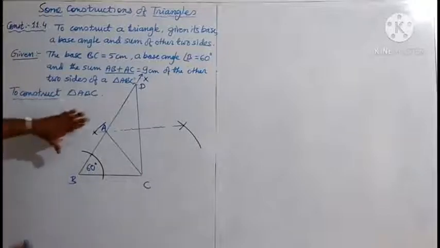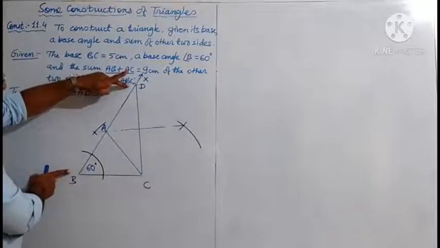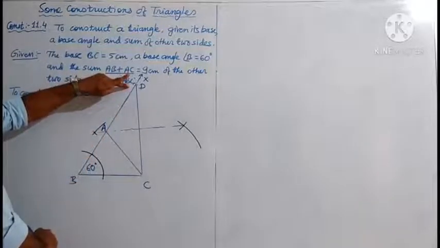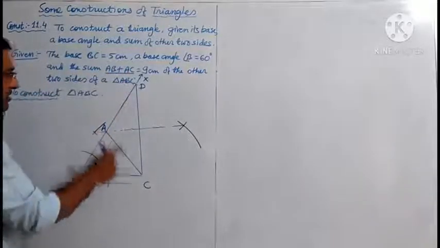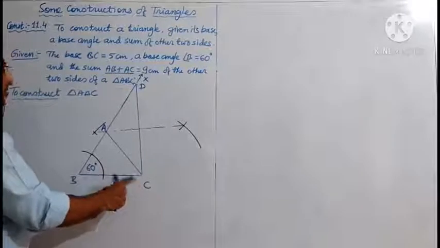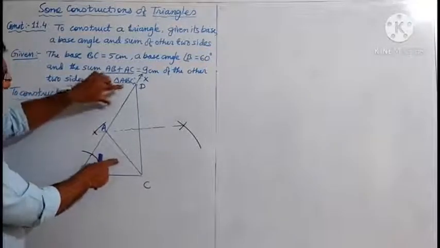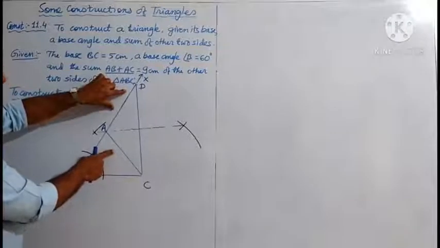In this we have constructed BD equal to 9 centimeter. So here BA plus AD is equal to 9 centimeter, but we want BA plus AC equal to 9 centimeter. So AD and AC must be equal.